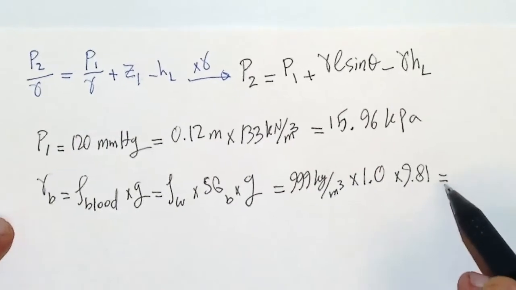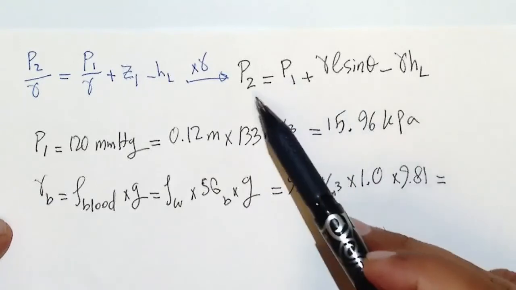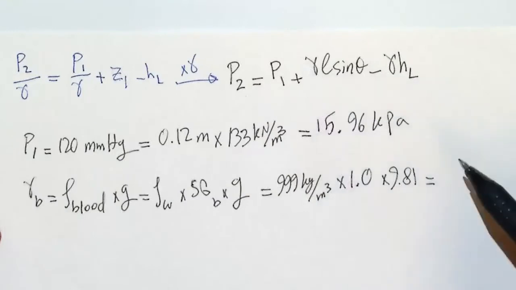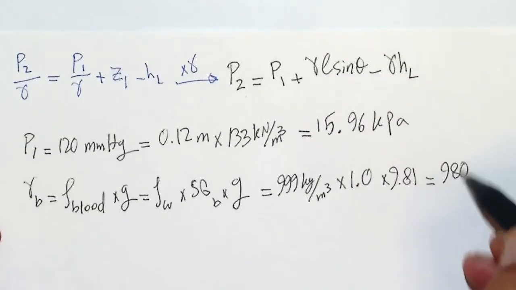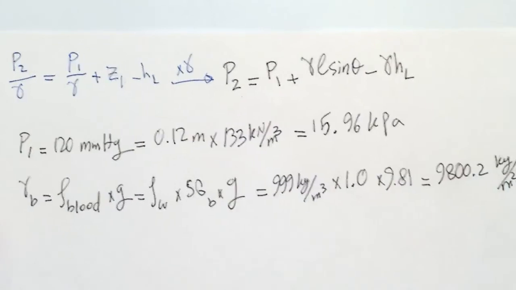I'm just writing that and finalizing what exactly is needed for finding P2. So this is another thing that we have to replace here as gamma, which is 9800.2 kilogram per meter square second square.